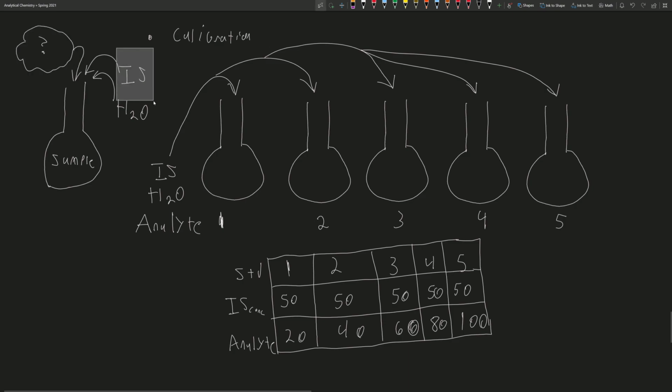The idea is the internal standard will react in a similar way to how our analyte will react, but we know how much internal standard we start with. So the idea is if we measure the internal standard's fluctuation with how our analyte fluctuates, we could come to a more accurate representation of what our analyte's concentration actually is.